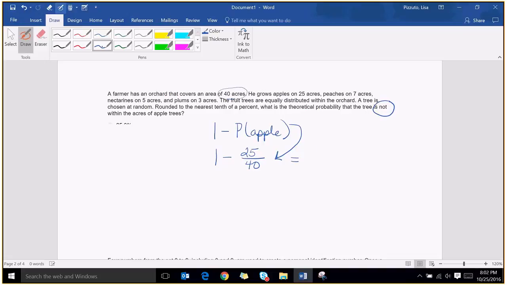So 15 out of 40, which is equal to what? I believe 3 over 8. Yeah, round to the nearest tenth of a percent. Oh, in percentage. 37.5%, correct.